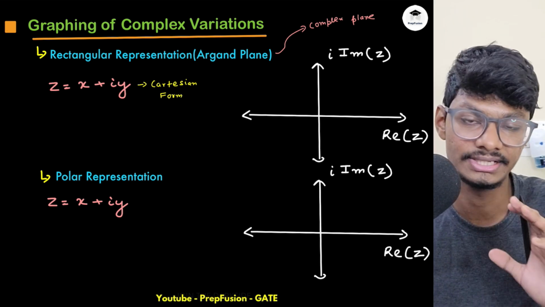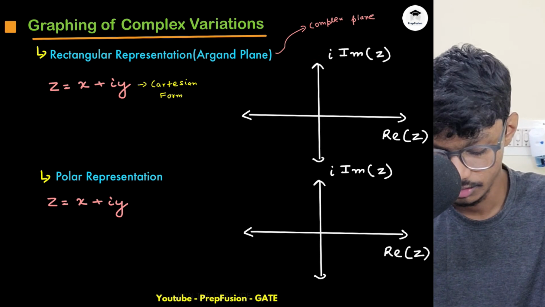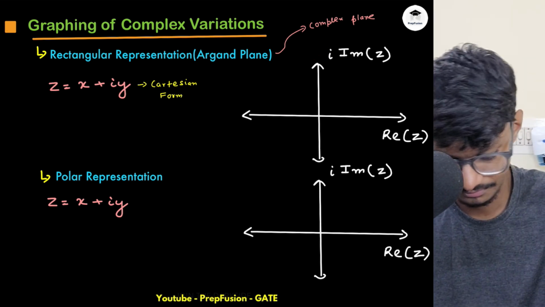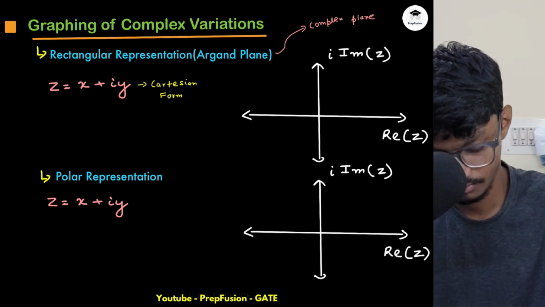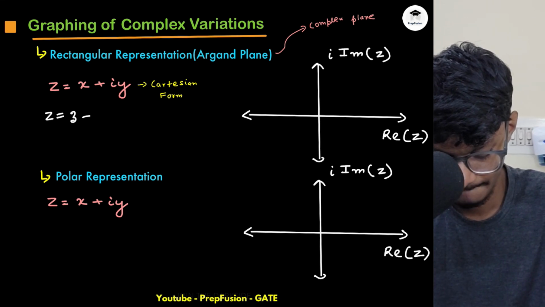If you want to represent a number in this Argand plane, how can you do it? Let's say I want to represent 3 plus 4i.